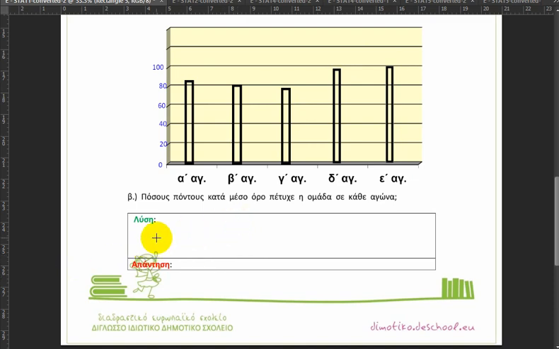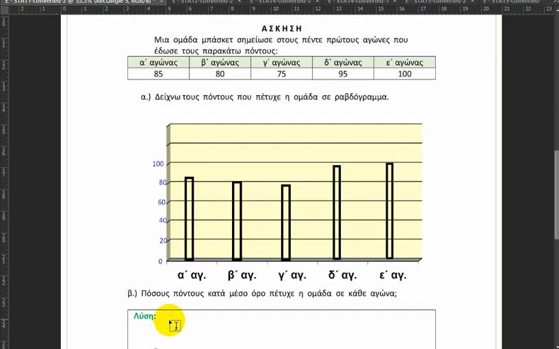Now, then it asks us for the average. So, to find the average, I'm going to add all the points together, saying 85 plus 80 plus 75 plus 95 plus 100. And I'm going to divide that by the number of games, 5.